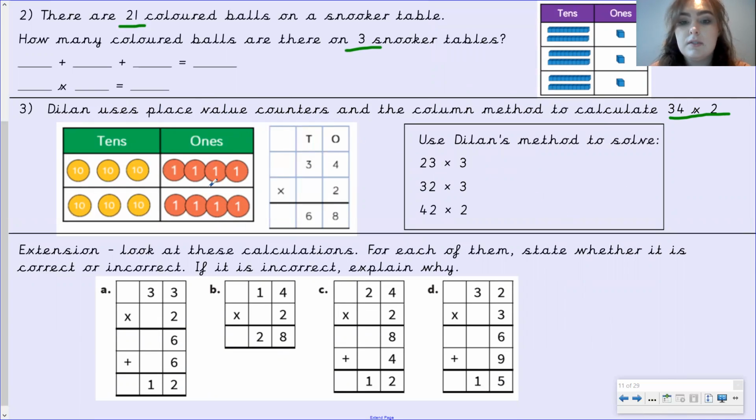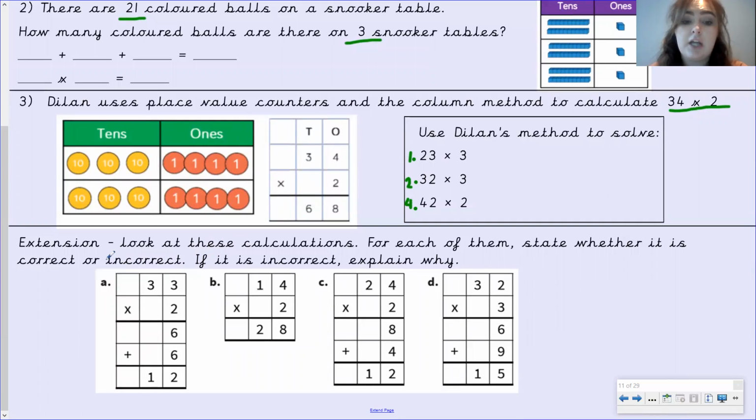And you need to use Dylan's method now to solve 1, 23 times 3, 2, 32 times 3, and 4, 42 times 3. So that is 3 questions that you need to answer using this method here. So you've got 23 times 3, you need to draw it out and then use the column method to answer the question as well.